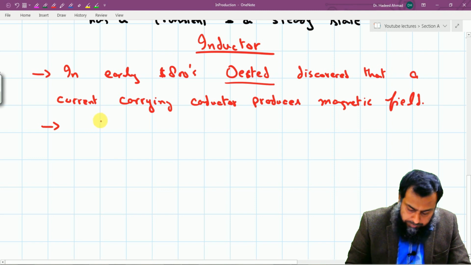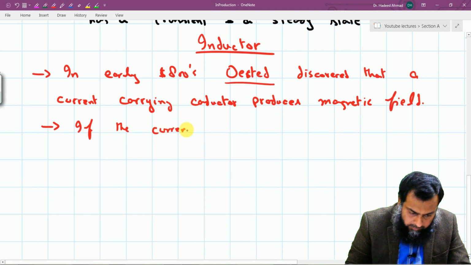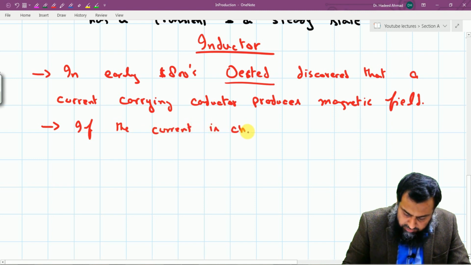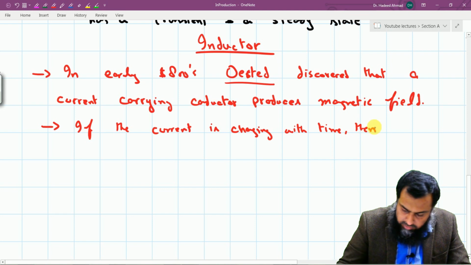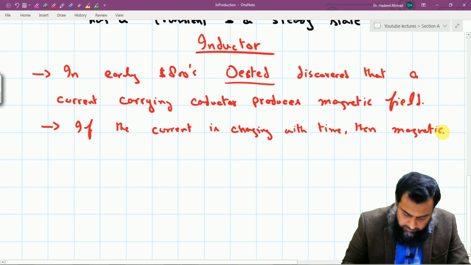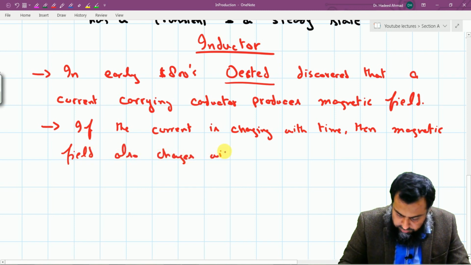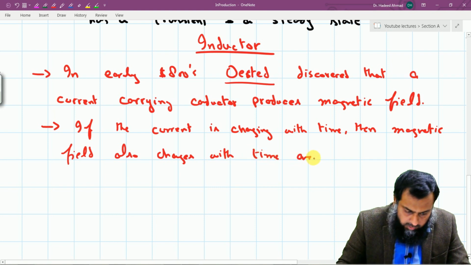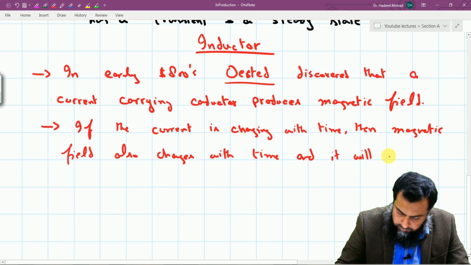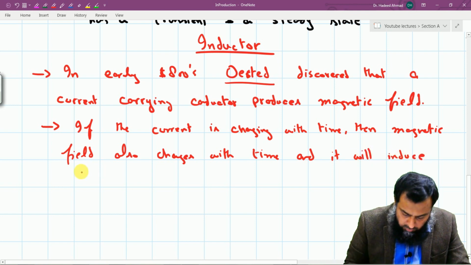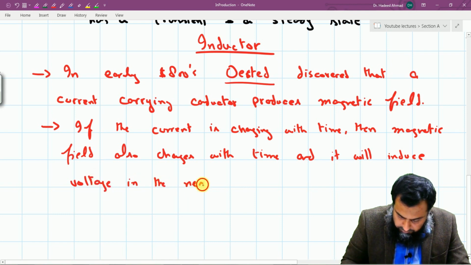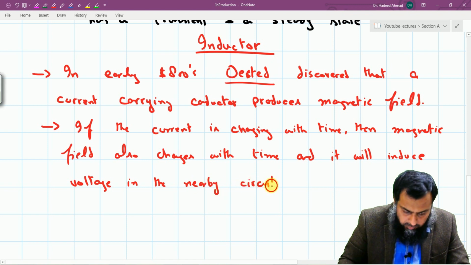Thus we come to know that if the current is changing with time, then this magnetic field also changes with time, and it will induce the voltage in the nearby circuit, right?